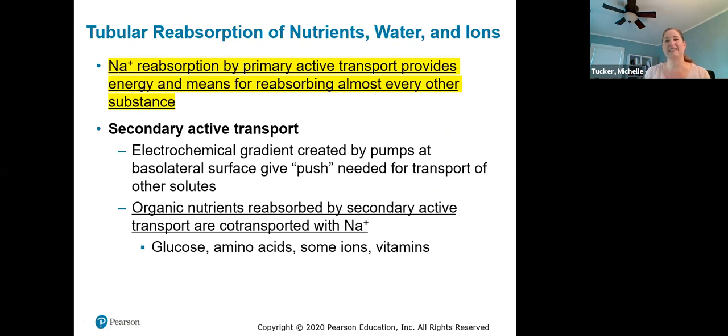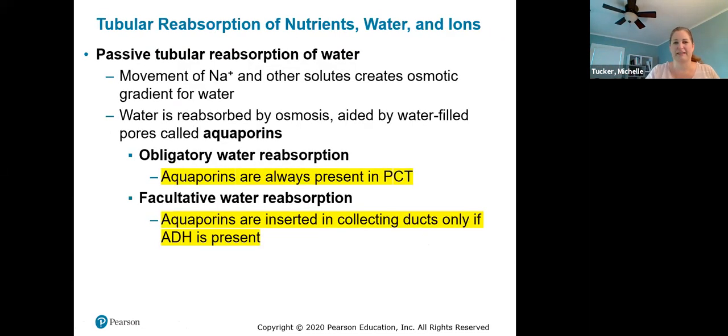It is in every cell membrane, but in this particular instance, the kidneys would not function without it. After we establish this electrochemical gradient, we can co-transport glucose, amino acids, and some other ions with sodium down its gradient. It's like grabbing somebody's hand and pulling them with you.